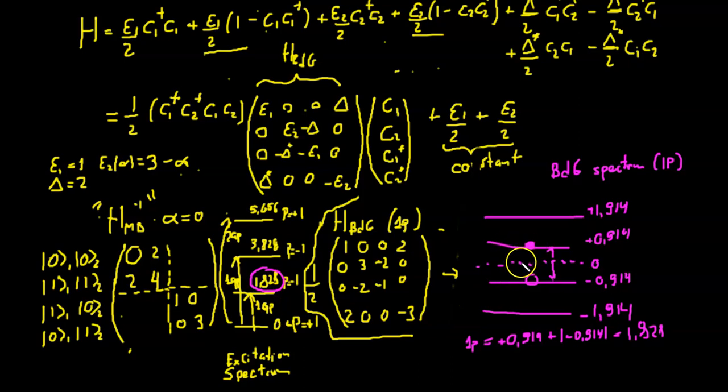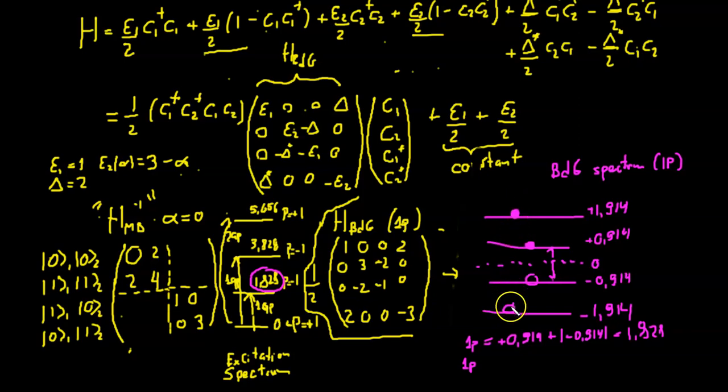Now the other excitation that I can do, let's erase the other one, is to put one here and another here, right? So I'm just creating an excitation in this level. So I have to create this pair, right?